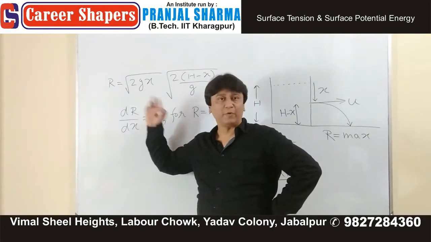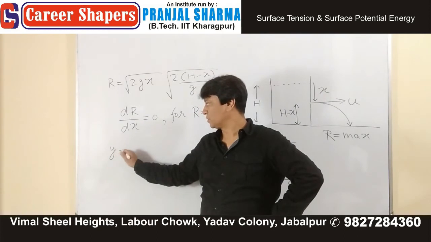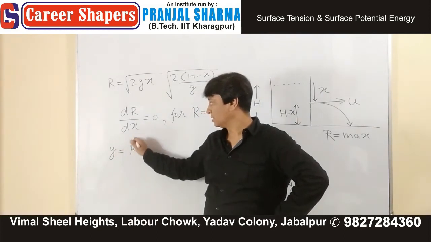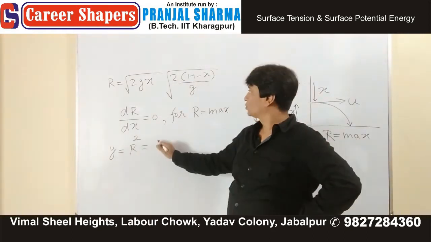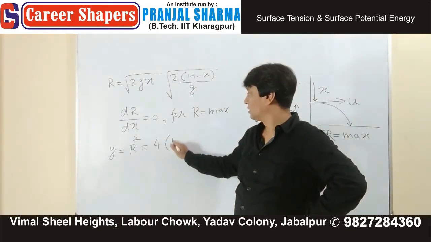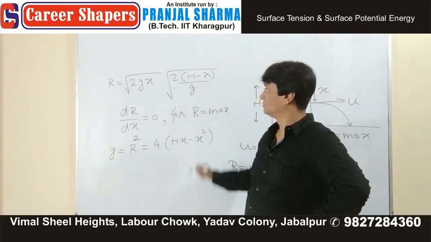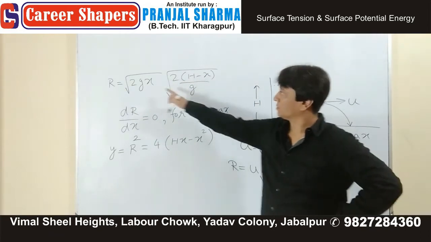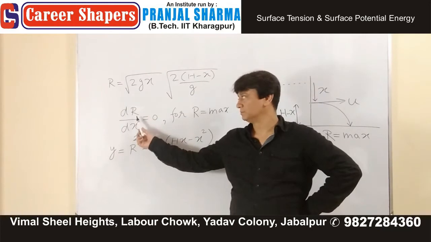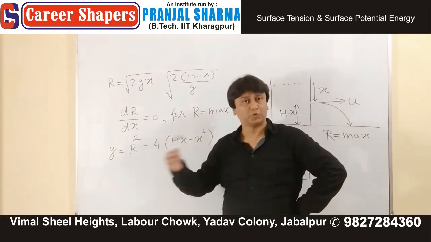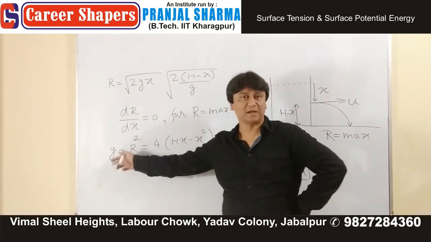Now, what we can do is, let's introduce a term y. What is y? R square. R square is coming 4 hx minus x square. This is y. So when R is maximum, its square will also be maximum, which means y will be maximum.